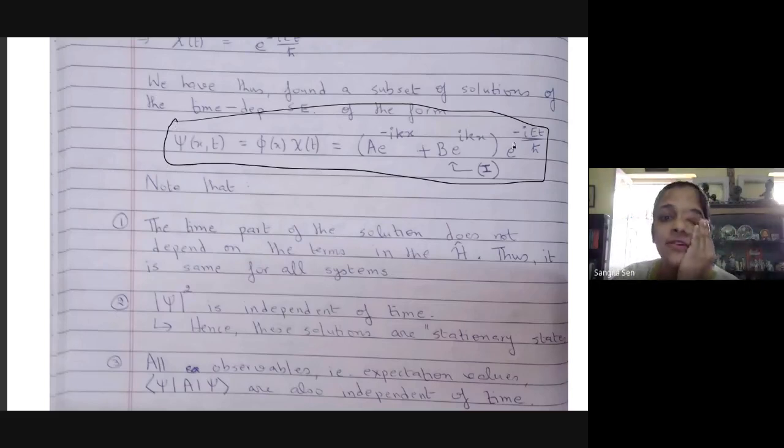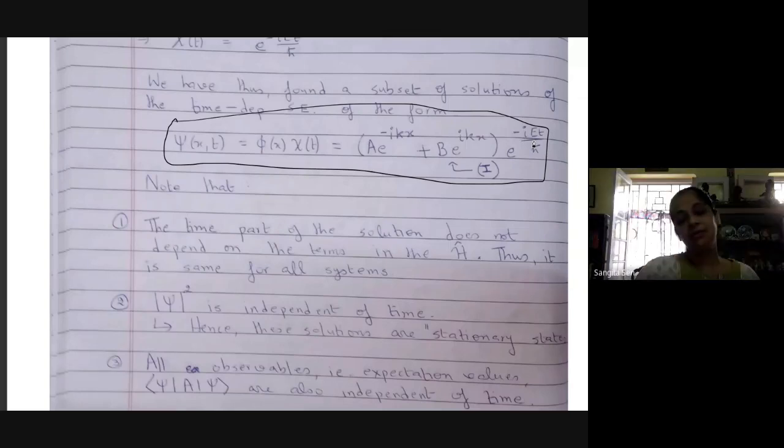If you look at this equation very carefully, you see that the form of the time part of the solution doesn't depend on the details of the Hamiltonian. It only contains the energy E.